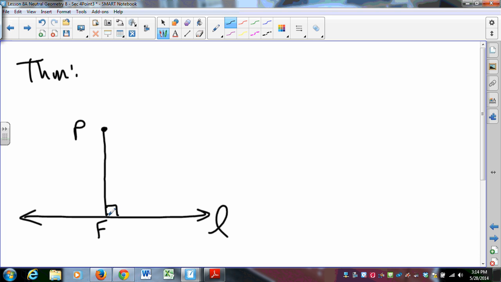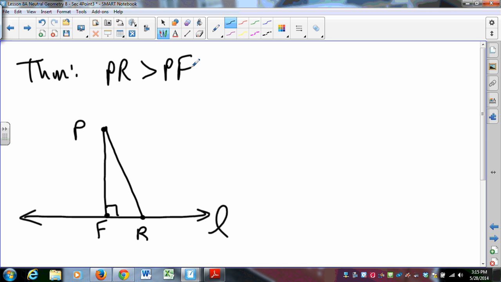We know that there has to be a perpendicular, that it is unique, called that foot F. Here's my claim. If I pick any other point, call it R, on the line L, any point other than F, this distance, PR, must be greater than PF.